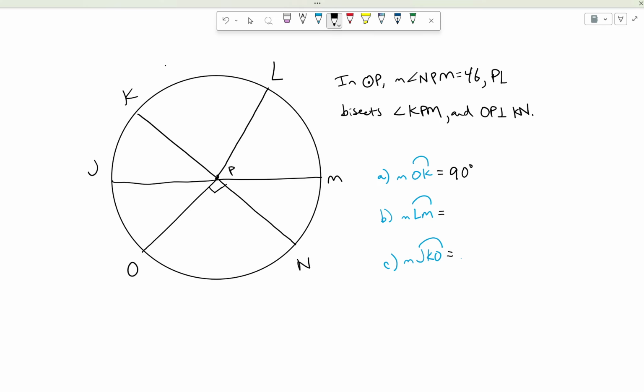And then here we go. How about LM? Here to here. Well, how do we figure out LM? Interesting. All right, well, let's see here. NPM.